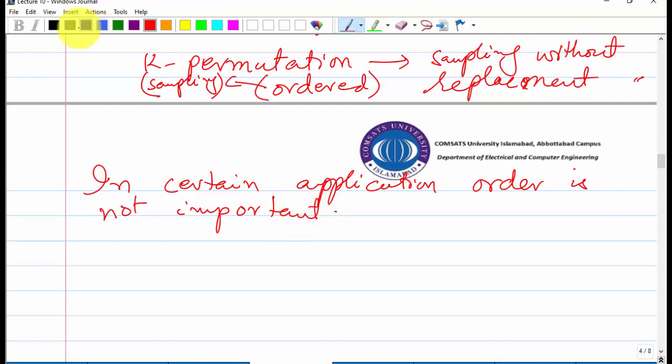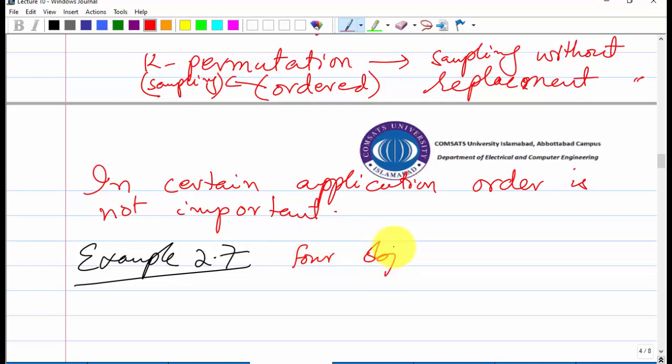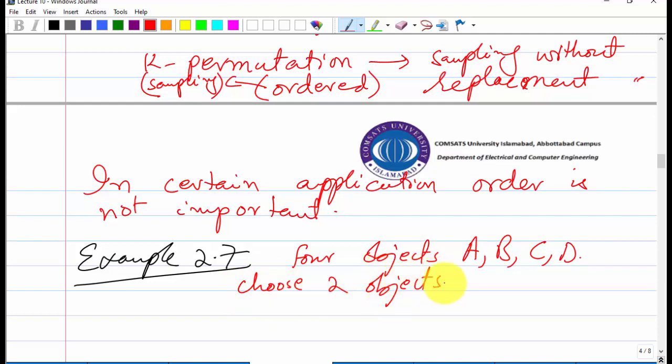To understand this, let's see a very basic example, example 2.7. Suppose we have 4 objects named A, B, C, D. We define an experiment in which we choose 2 objects out of these 4, without replacement.